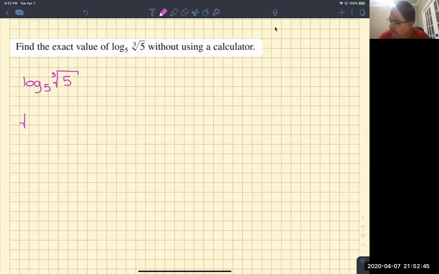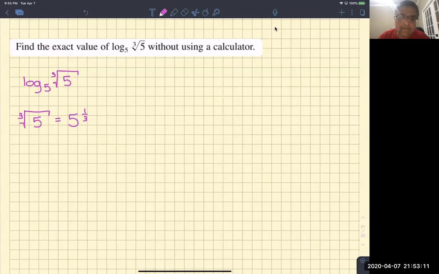So remember in our previous discussion about exponents and radicals and roots and rational exponents. How can I rewrite the cube root of 5 using rational or fraction exponents? Yeah, I can rewrite cube root of 5 as 5 to the 1/3 power.